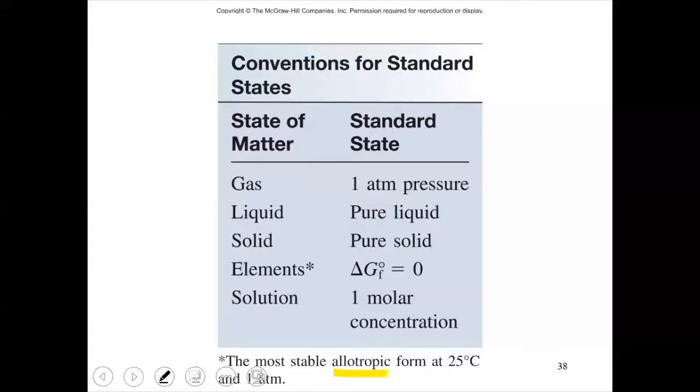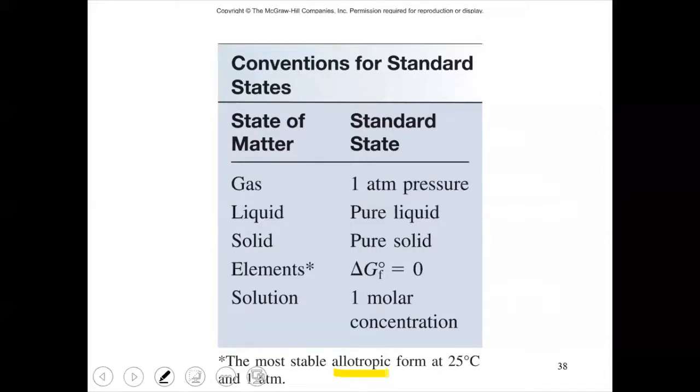Do you guys remember what allotropic means? No? An allotrope is the same element, but arranged in different forms. For example, oxygen can exist in the form of O2, the common diatomic molecule of oxygen, or it can exist as O3, which is ozone. The more stable of the two is the oxygen O2.